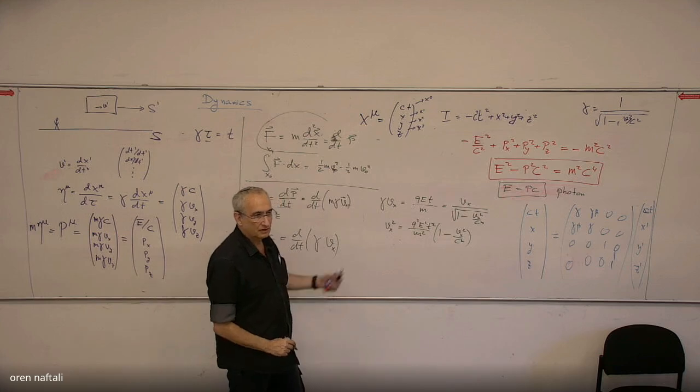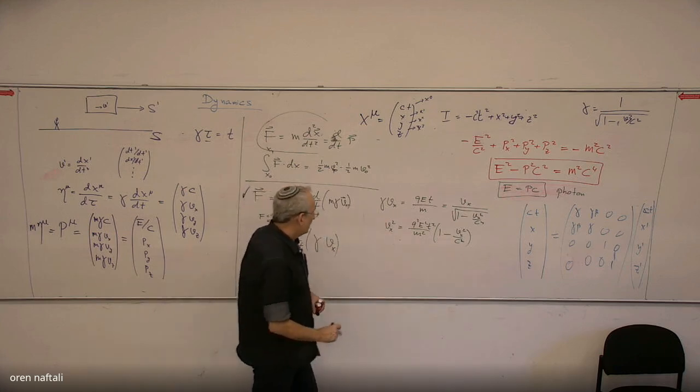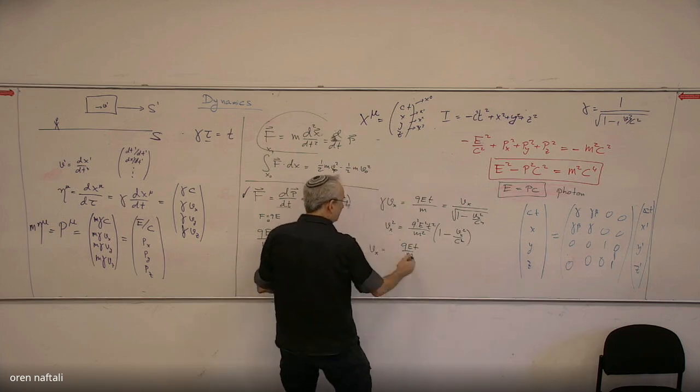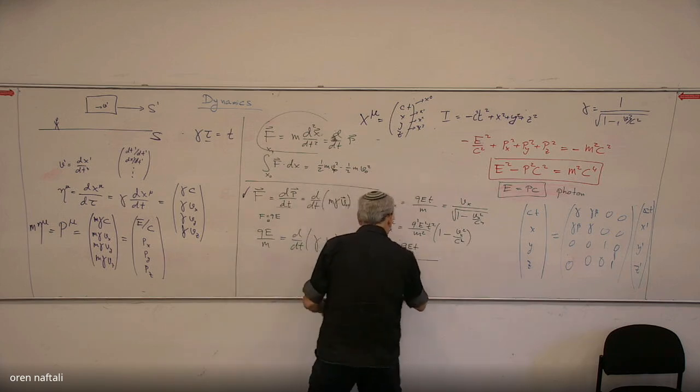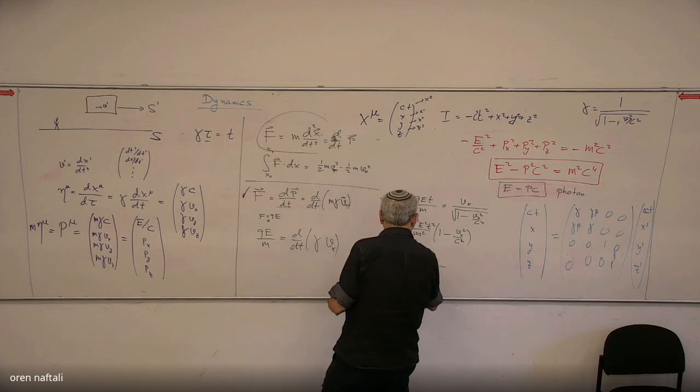I just squared both sides and moved the gamma to the other side. Which implies that Vx is QEt over m, divided by the square root of 1 plus q squared E squared t squared over m squared c squared.